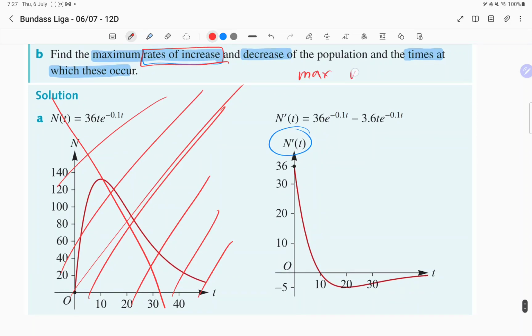Max, and then rate of increase. Rate of increase is positive. Another way to interpret this is positive. What is the maximum positive value of n dash?